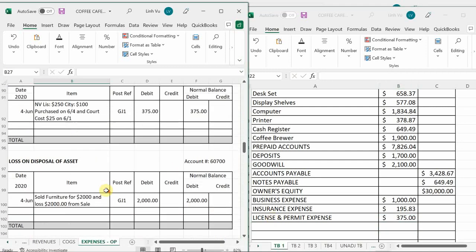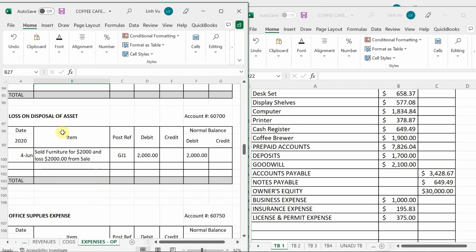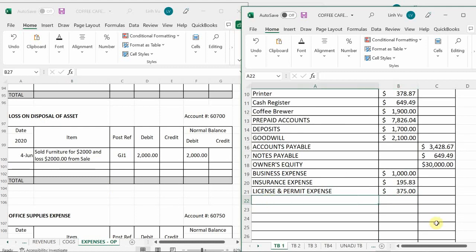Let's see. What about loss on disposal of assets? What account balance do I have there? If you remember, when we acquired the business, we had $4,000 worth of furniture, but we ended up reselling it to someone else and only got $2,000 out of it.